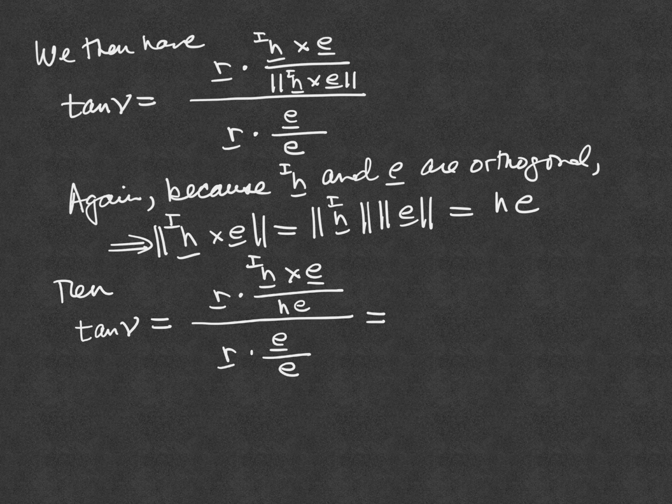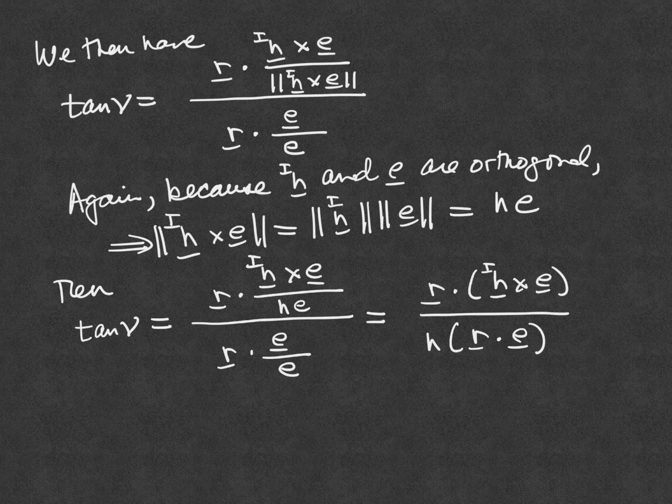Now, if I multiply through by he, the numerator becomes r dotted with h crossed with e, and the denominator becomes, well, the e cancels out, but I'm still left with h times r dotted with e.